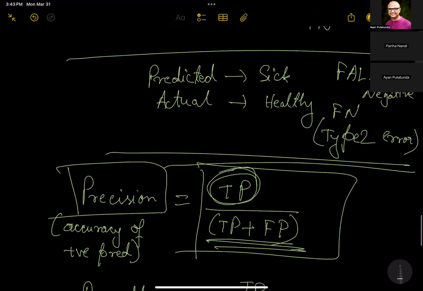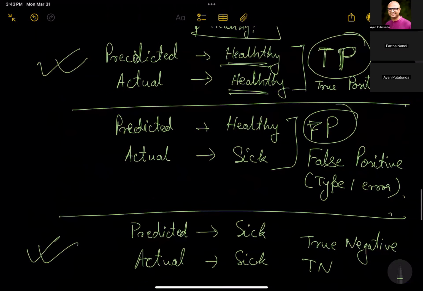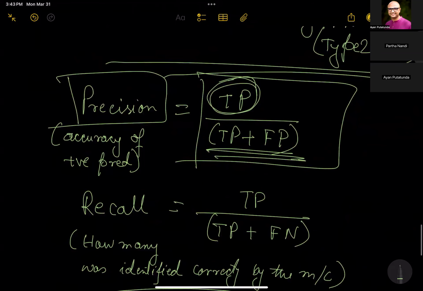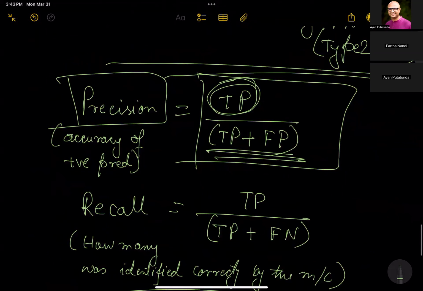Only in these cases my model worked correctly. Prediction equal to actual. Prediction equal to actual. So TP plus TN then, right? Plus TN.